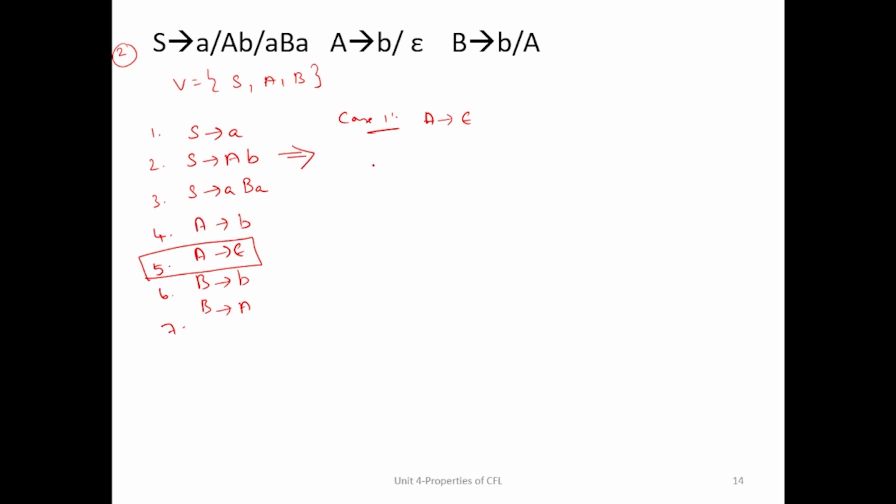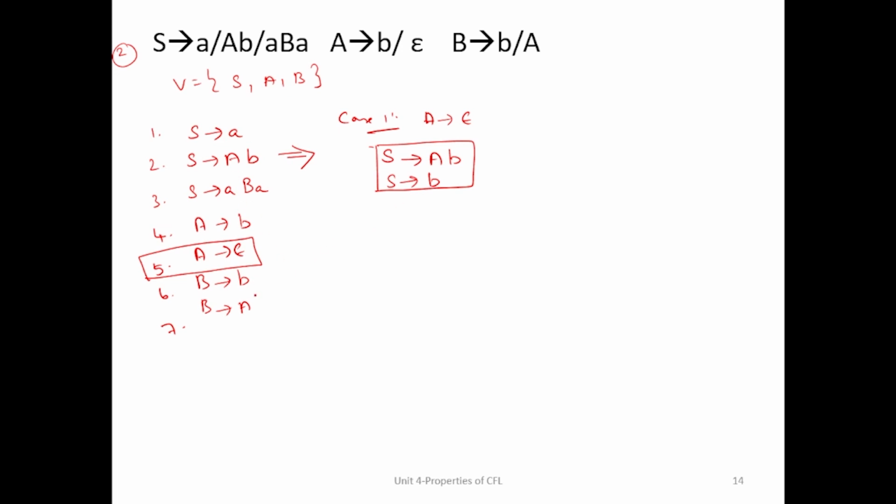The second production is A implies SB, and if you substitute A as epsilon, S implies B. So the second production is this one. You write the direct notation and the indirect formation.